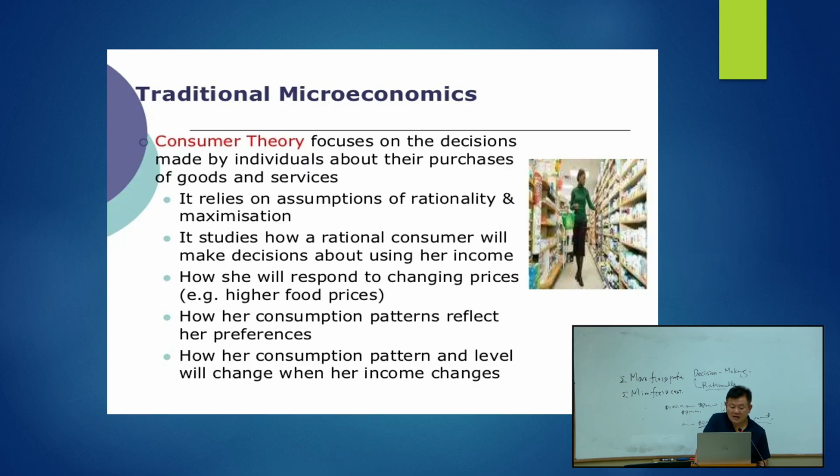Also, how consumer consumption pattern and level will change when their income changes. Most people make money to spend on their life. That's why all salary earners want to increase their salary.